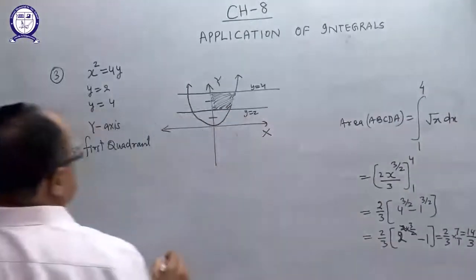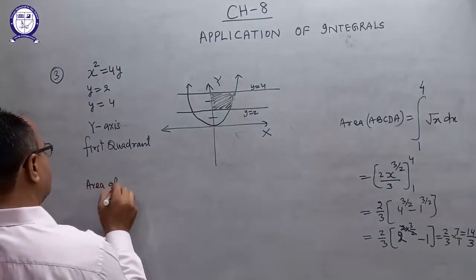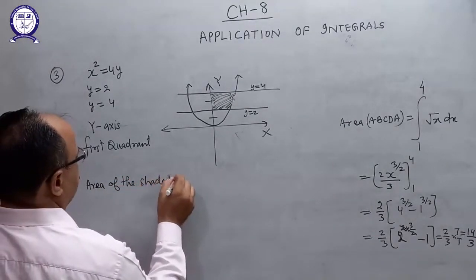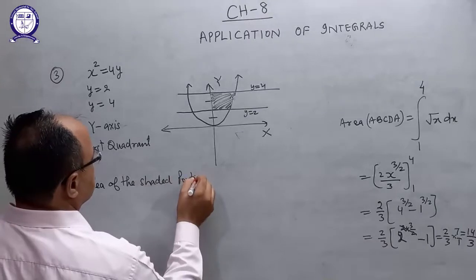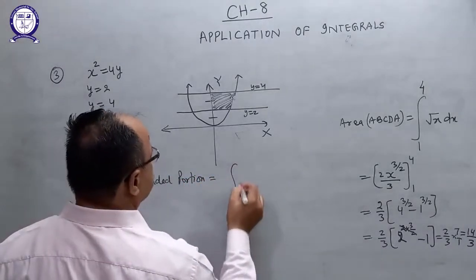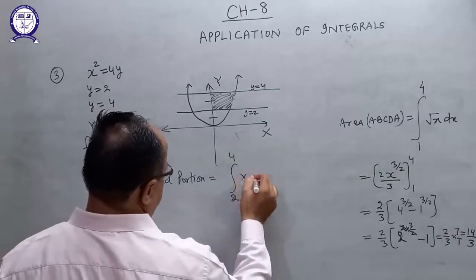That is, you know that the area of the shaded portion is the integration from 2 to 4 of x dy.